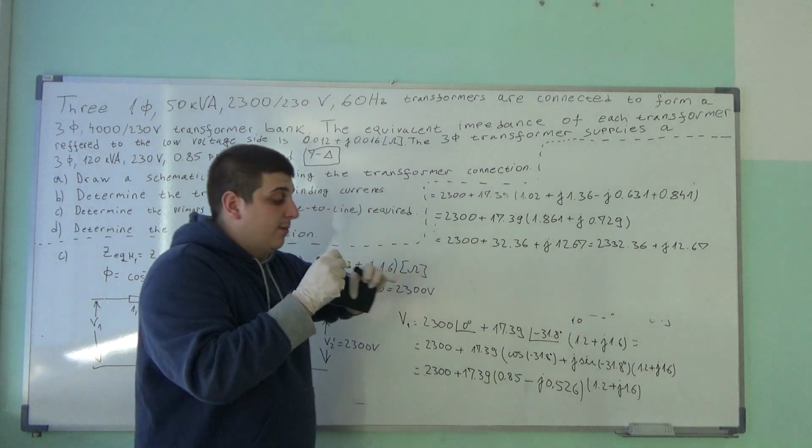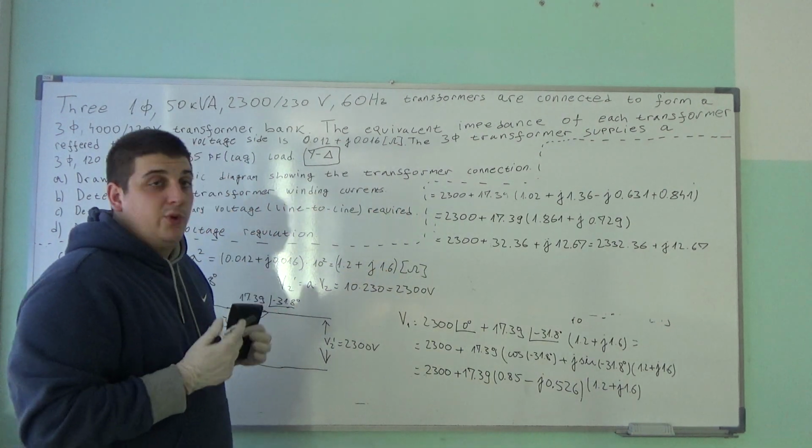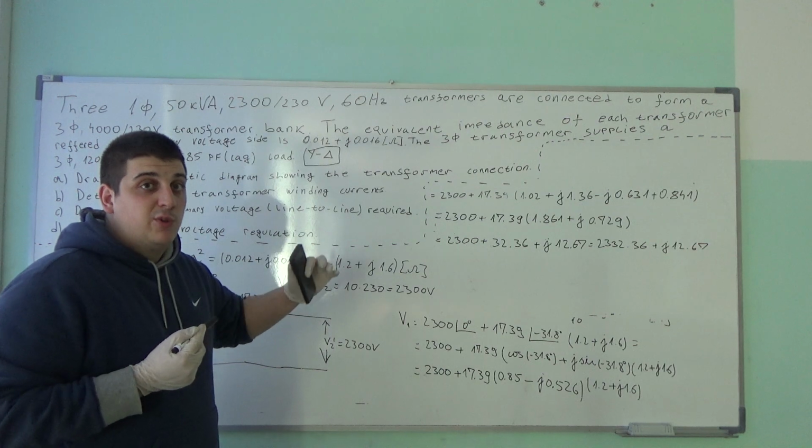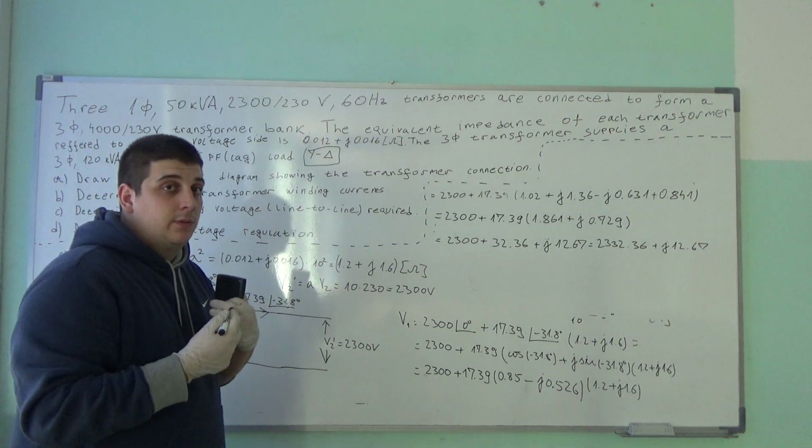So if we want a pure 230 volt output with all those currents that we calculated, on the phase voltage on the primary side, we have to bring this.